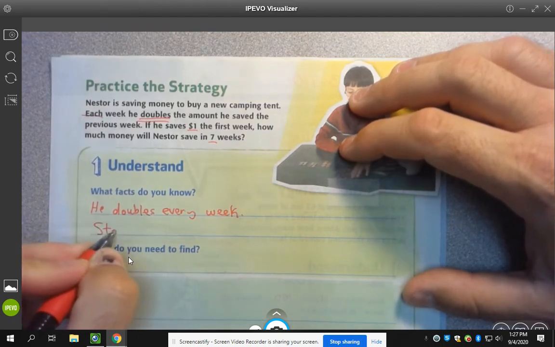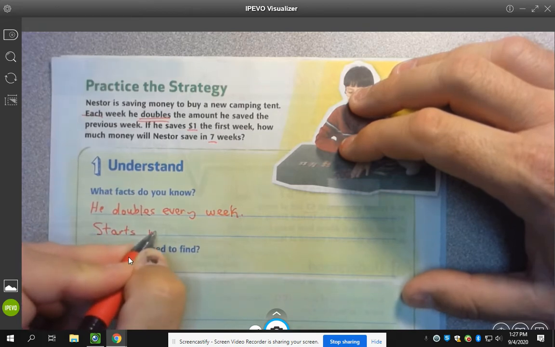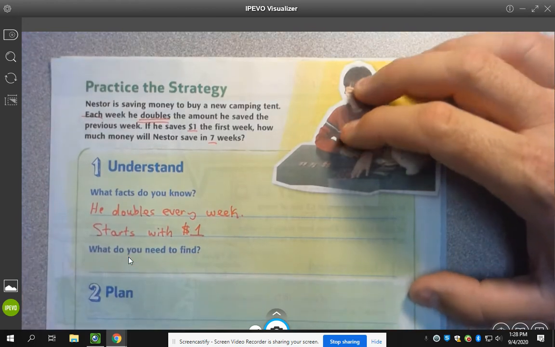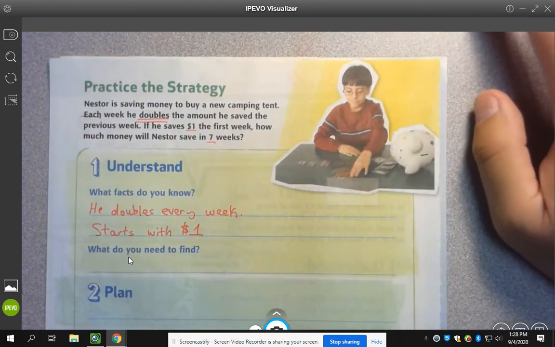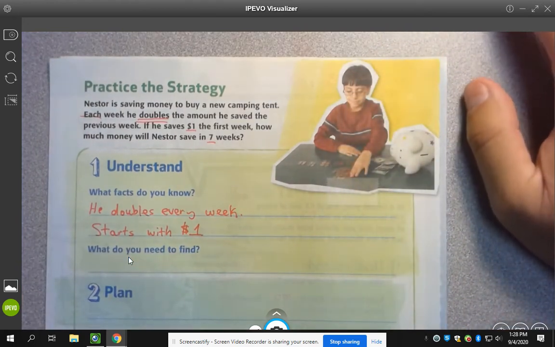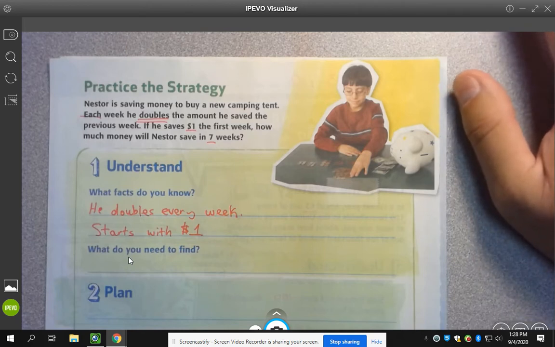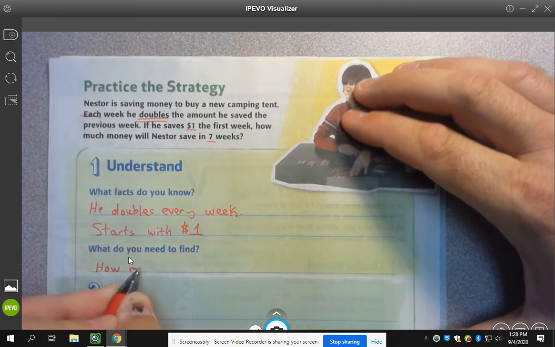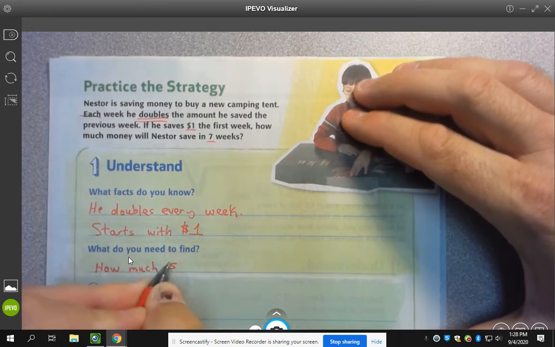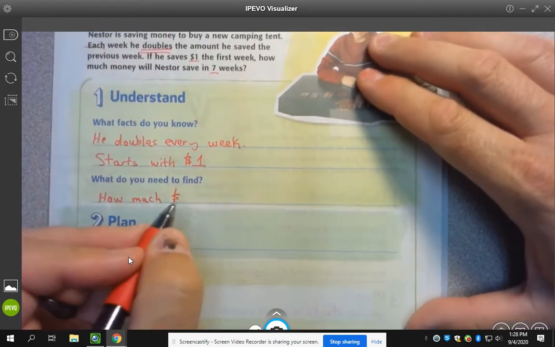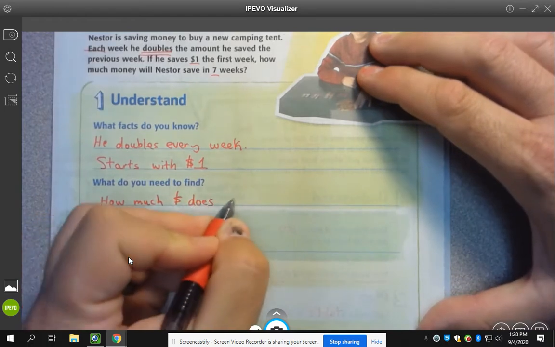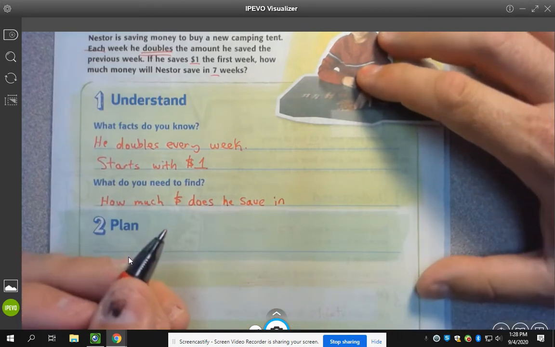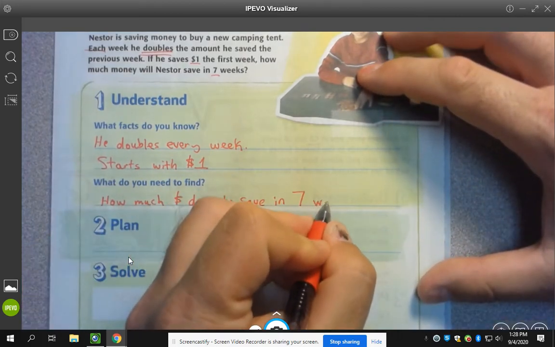Okay, we know that he starts with $1. So now, what do you need to find? How much? Yeah, how much? We'll just shorten it. How much money does he save in how many? In 7 weeks.